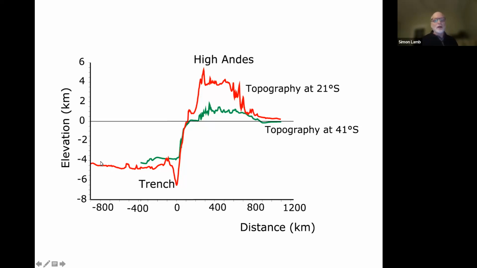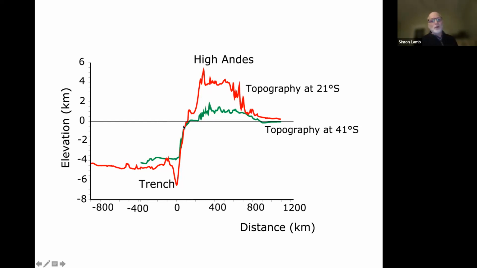So for instance, in the central Andes, you've got a very deep oceanic trench. So actually what's important is really the height difference. So you've got a difference between about 7 kilometers below sea level and a general elevation of about 4 kilometers above. So 11 kilometers of height difference here.